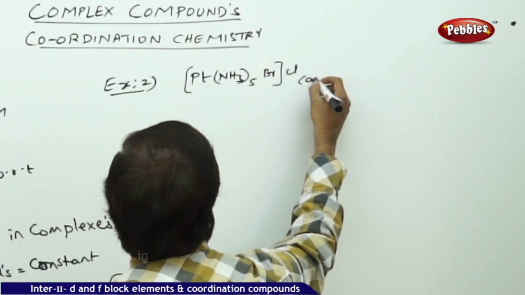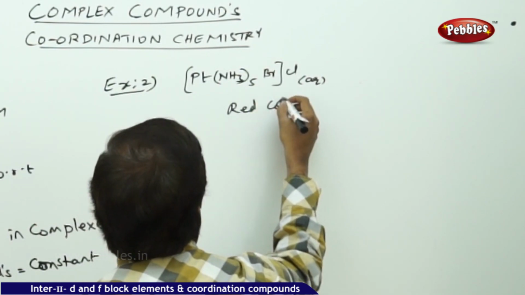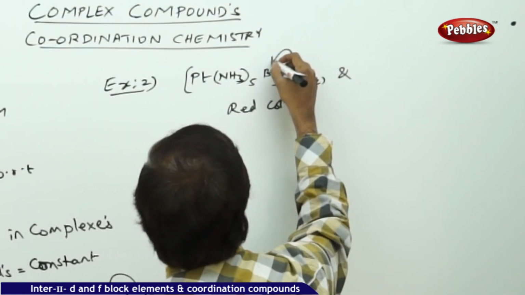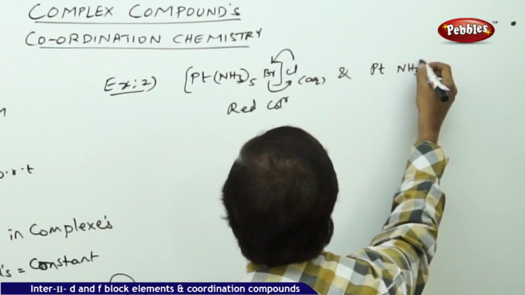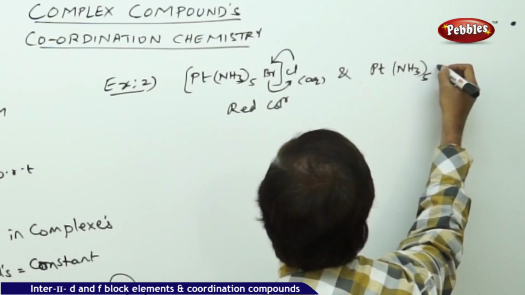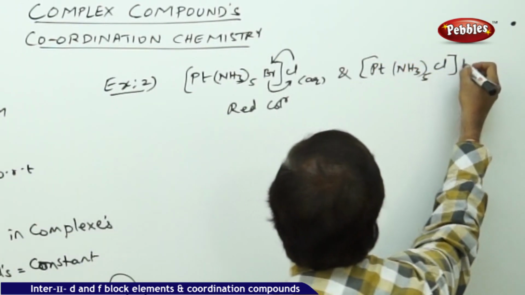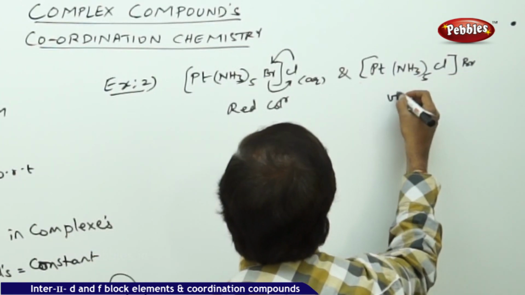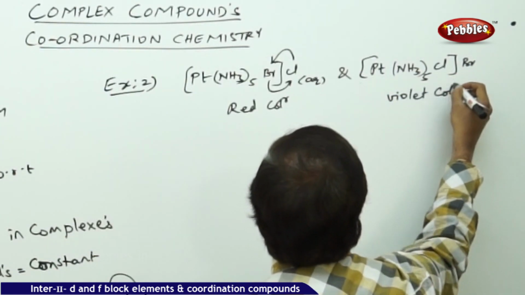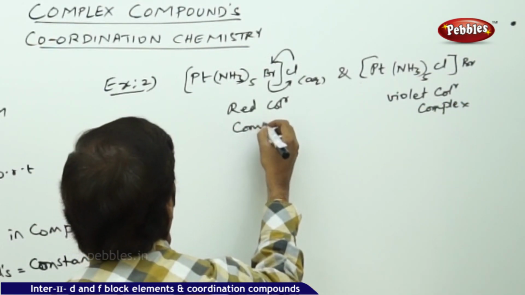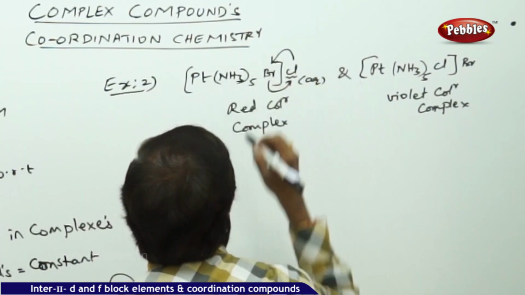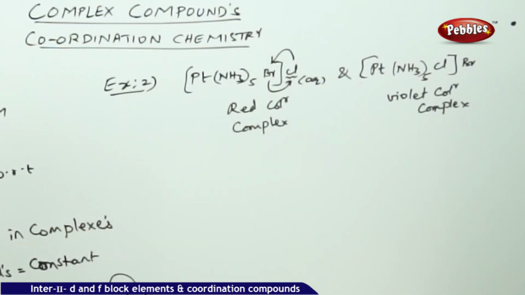This solution in the aqueous state is a red color solution, and in the next case you exchange the valencies: platinum of NH3 taken 5 times of the chloro group, with the bromo group outside, and this is a violet color complex. That is because the Cl minus ion gives the red color, and the Br minus ion gives the violet color complex. So this is the end of ionization isomerism.